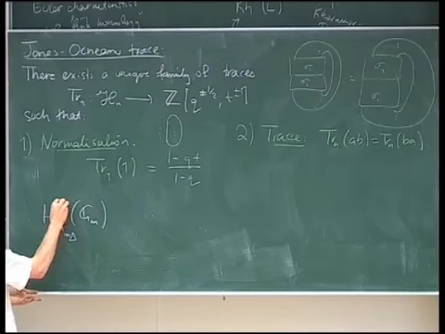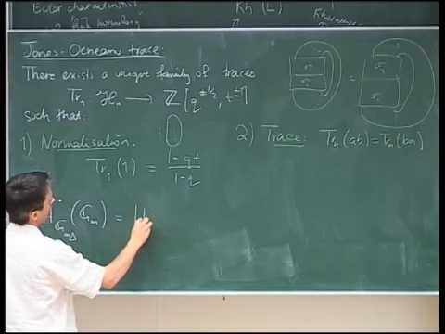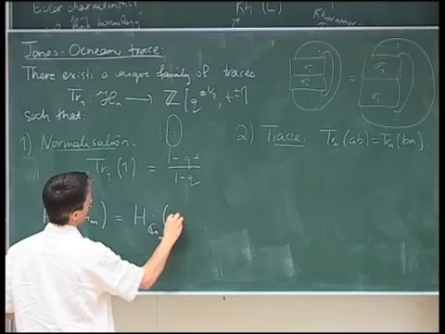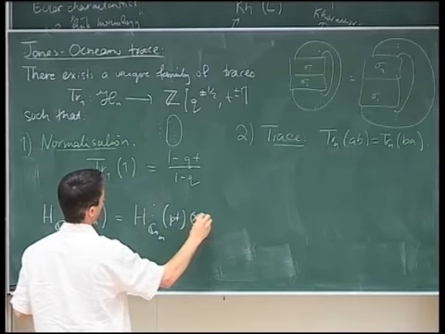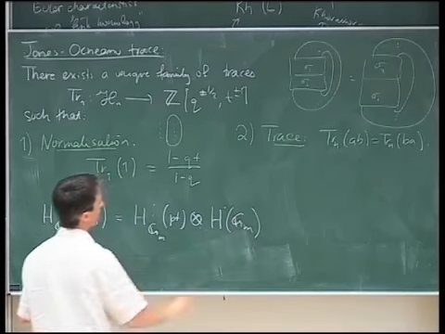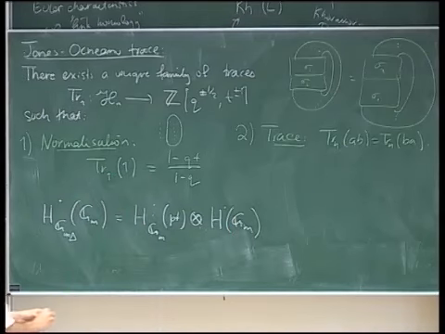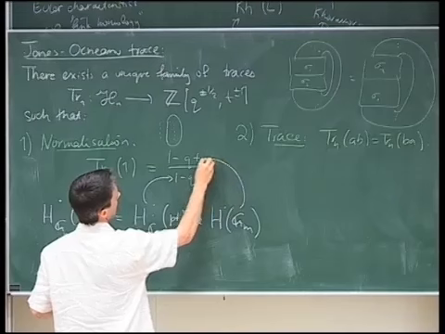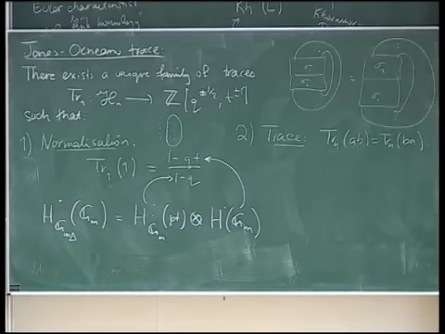So it's a trivial action. So this is just the G_m equivariant cohomology of a point tensored with the cohomology of G_m. Okay? And as we saw before, that gives exactly that factor, and that gives exactly that factor.